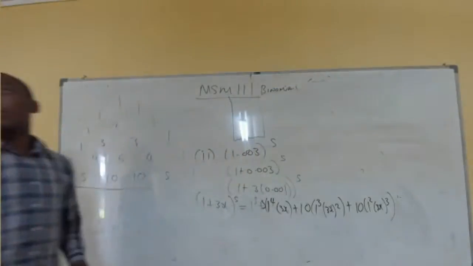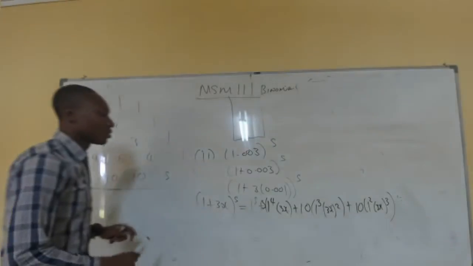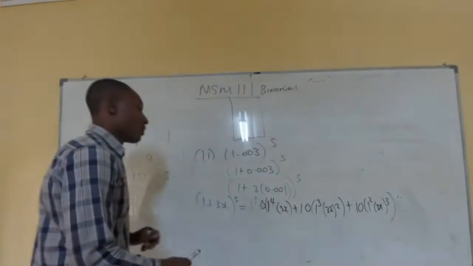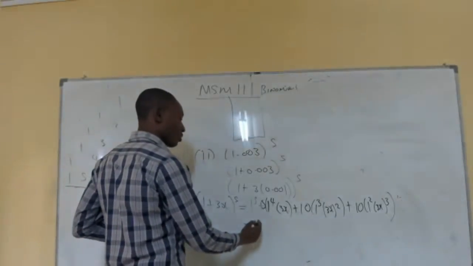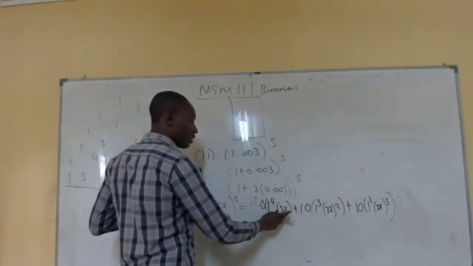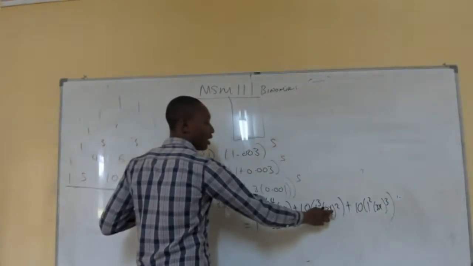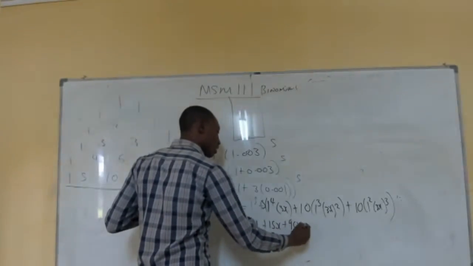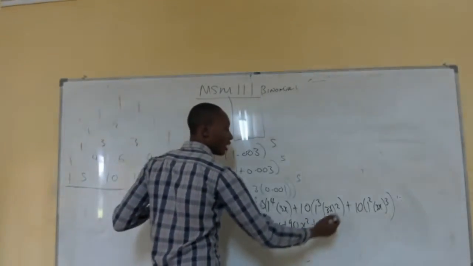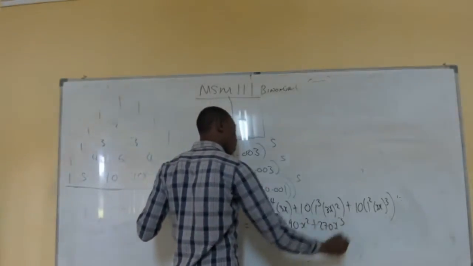As I said before, if you add the powers of these two parts, the power of 1 and of 3x, it should always get you back to 5. So we have 1 plus 15x plus 3 squared is 9 times 10, that's 90x squared, plus 3 cubed, that's 27, so 270x cubed.